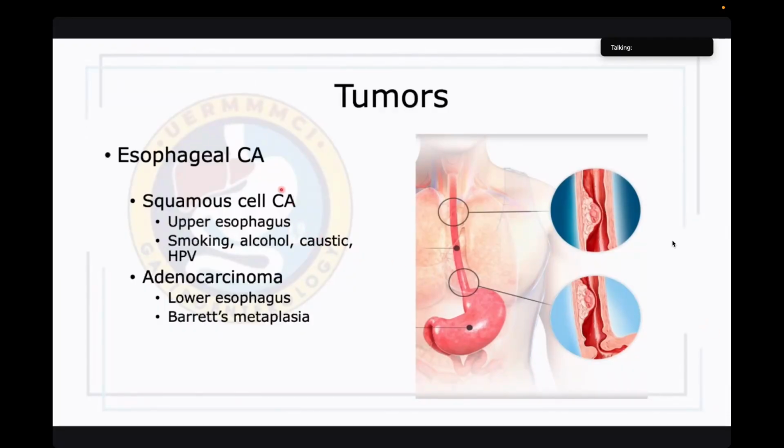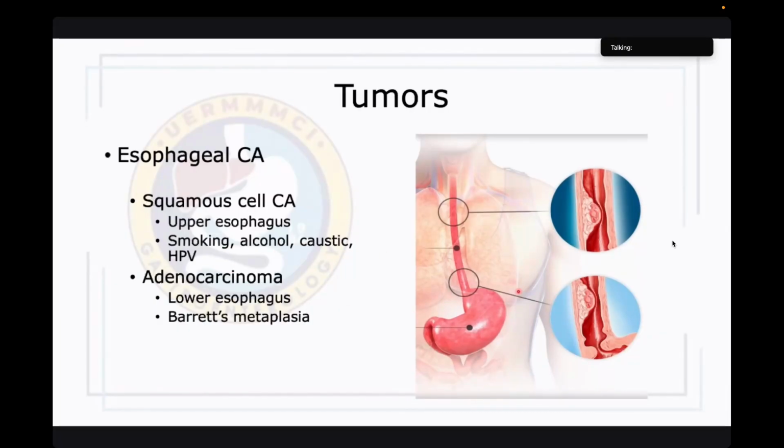For structural disorders of the esophagus, we also have masses, so esophageal cancer. Squamous cell carcinoma is still the more common type globally. This is usually seen in the proximal esophagus, and the risk factors are smoking, alcohol consumption, caustic injury, and HPV infection. In Western countries, adenocarcinoma has become the more common type.